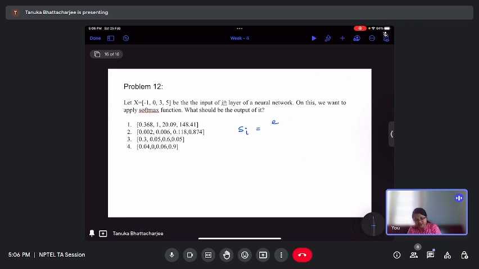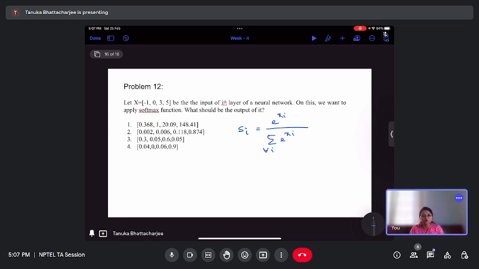It is computed as exponential of xi divided by summation over all i of exponential of xi. This is basically mapping your xi values to a probability distribution by doing this kind of normalization. So, this is the equation e to the power xi divided by the summation over all i of e to the power xi. If you compute that, you will get the softmax output for each value.